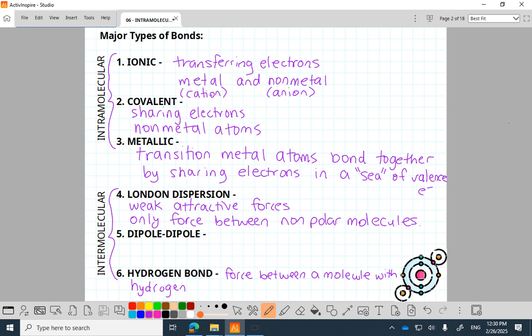And then 3 very, very electronegative elements: nitrogen, oxygen, and fluorine.